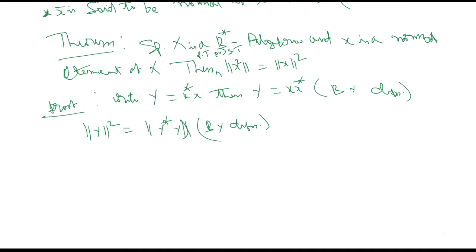So that equals norm of x star into x, into x into x star, because they commute. That equals norm of x star into x star into x into x.